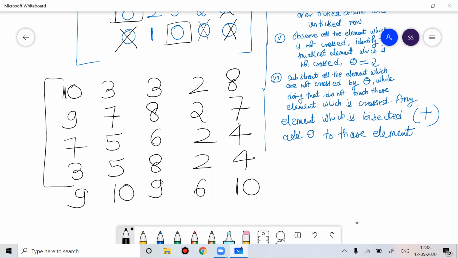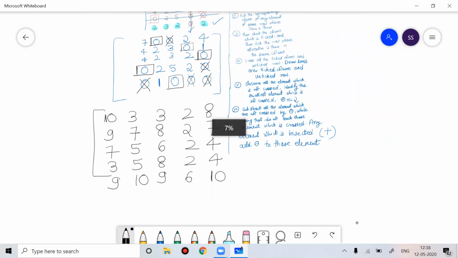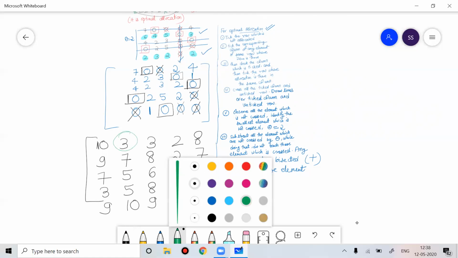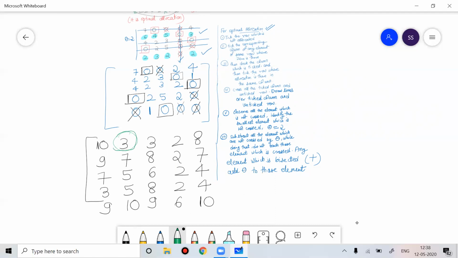Now, if you see the allocation, the first is done on this. Then second one on this, third one on this, the fourth one on this, and the fifth one on this.